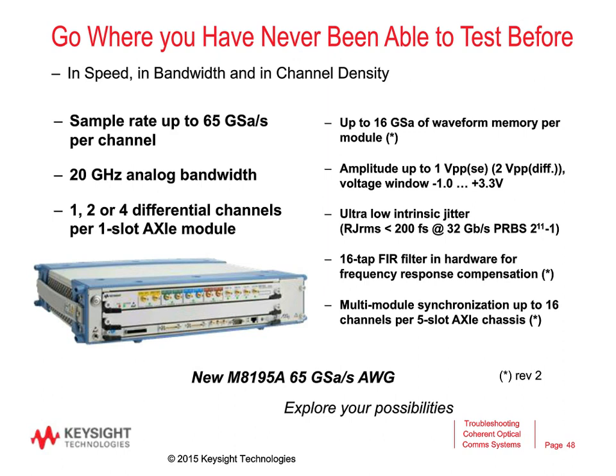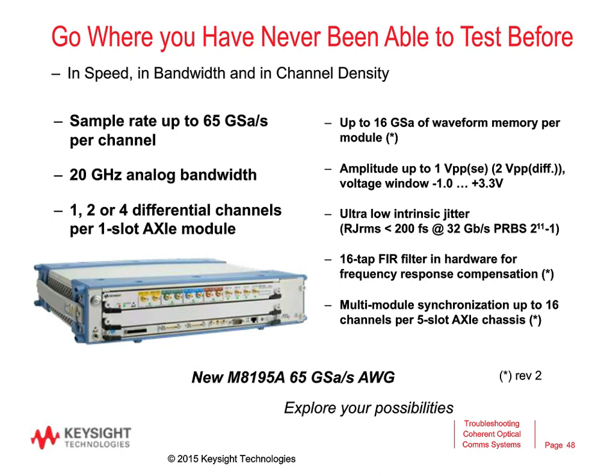We have very low intrinsic jitter, reported to be less than 200 femtoseconds for random jitter at 32 gigabits per second. We also have a 16-tap FIR filter in hardware for frequency response compensation. That allows us to change the frequency response and the correction on the fly without the need of recalculating the signal that I downloaded into the memory.